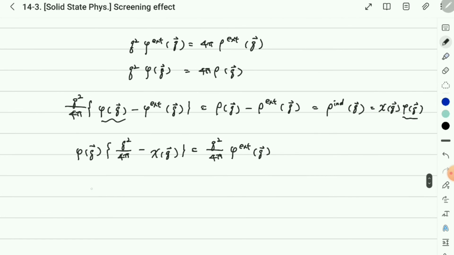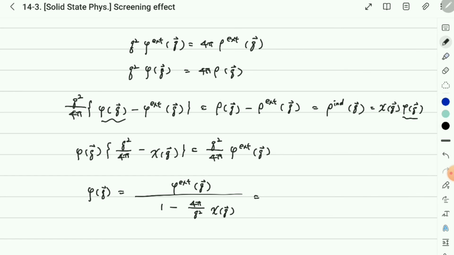Therefore, the total potential is obtained by dividing both sides by q squared over 4 pi: 1 minus 4 pi over q squared chi q, in the denominator of the external potential phi external.